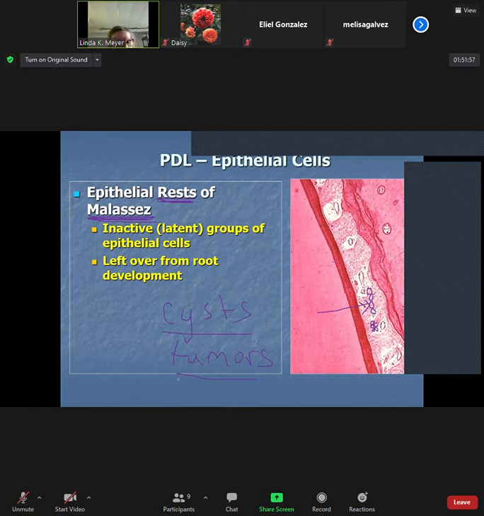It summarizes the functions of the PDL, and where it says mechanical or physical support, what is the mechanical support a function of? What provides mechanical support in connective tissues? Sydney, what?